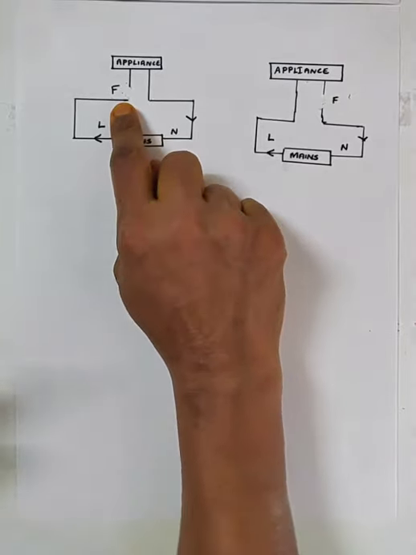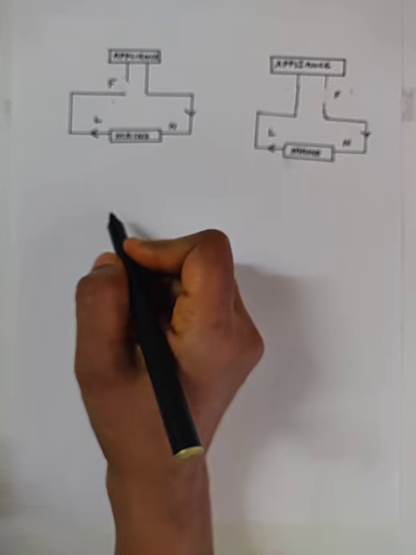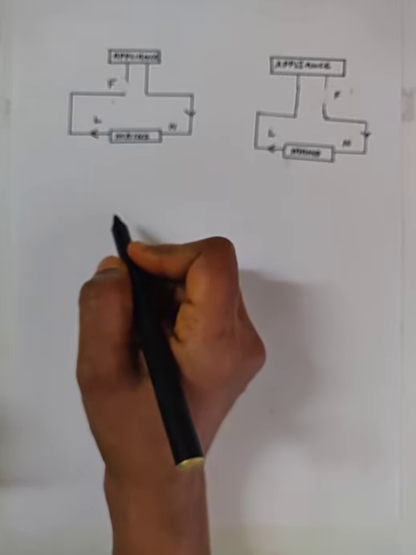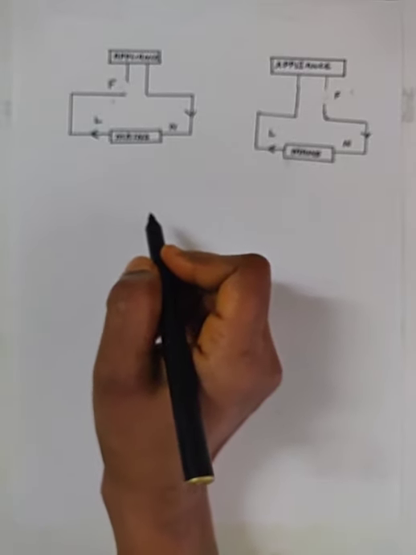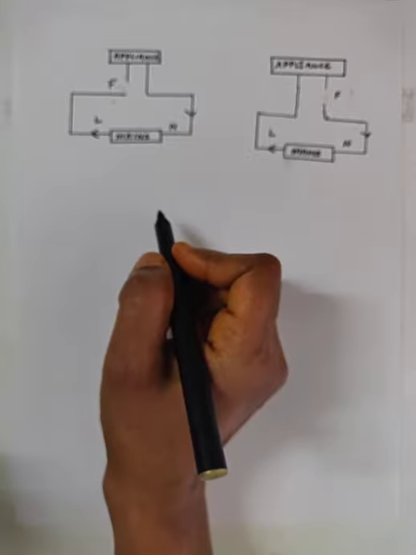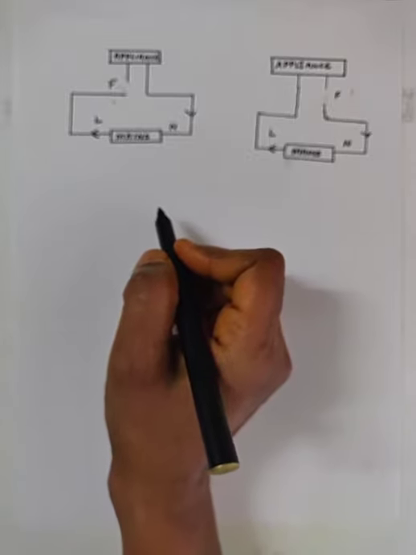Okay. Next one, how to write the relation connecting the current rating. Already I explained, current rating means the fuse wire will allow a certain fixed amount of current to pass through it. That is called the current rating of the fuse.